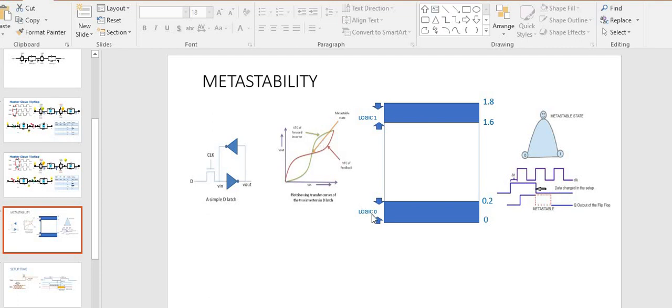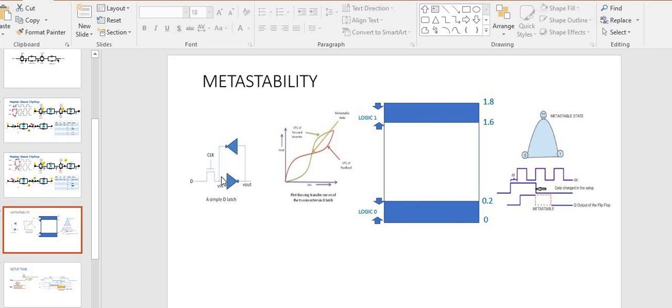Metastability. Here 0 to 0.2 is considered as logic 0, and 1.6 to 1.8 is considered as logic 1. If the value given to the inverter is in between logic 0 and logic 1, it is in a high impedance state. The inverter will not recognize that value.